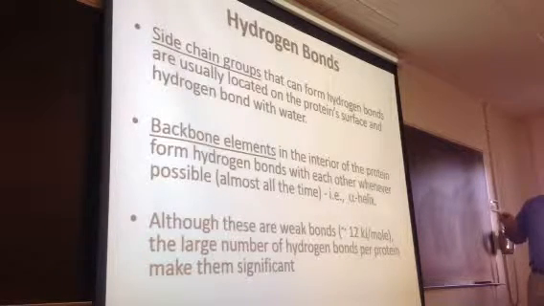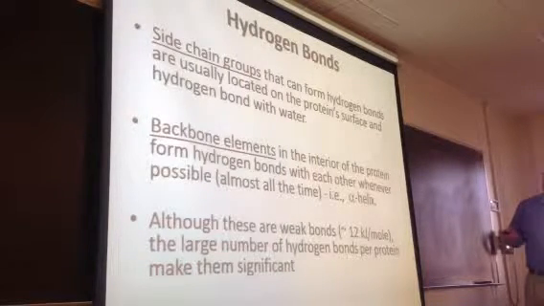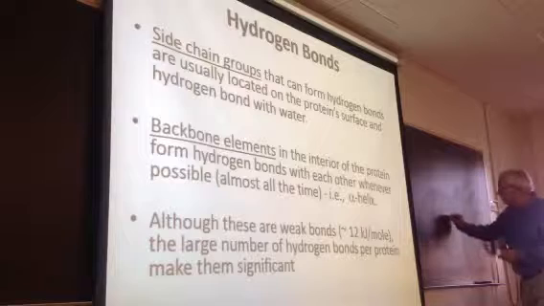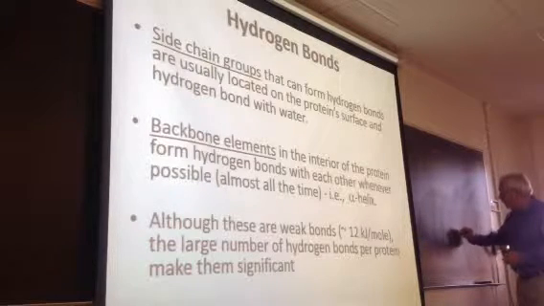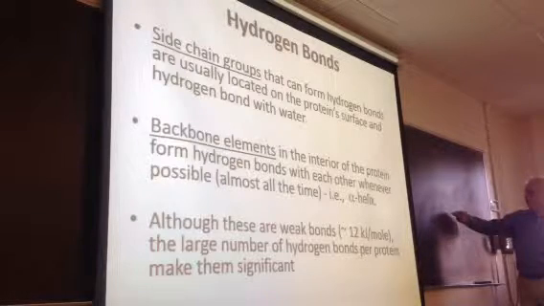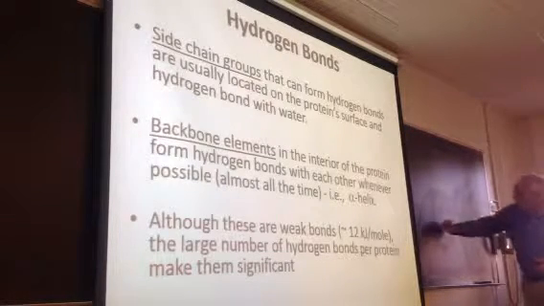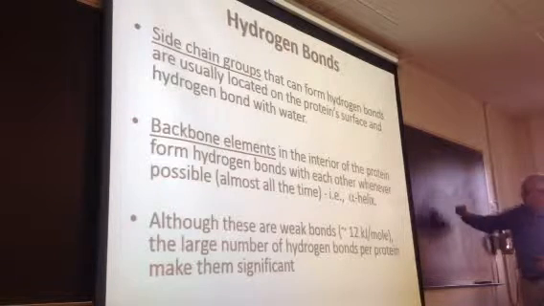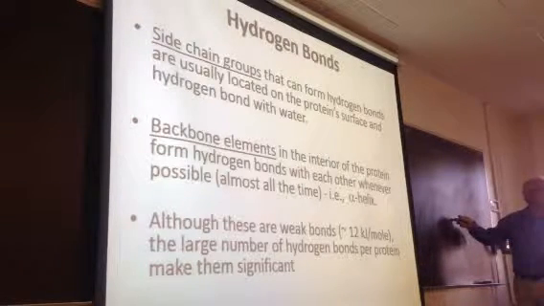The side chain groups on the surface, they hydrogen bond with water. Everything in the center, all the backbone elements, all the carbonyls, and the amide hydrogens, in the center of the protein, you've got these too. Even if the R groups are hydrophobic, these guys are polar, and they're in the center of the protein.